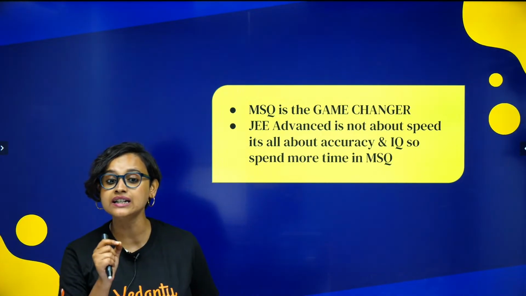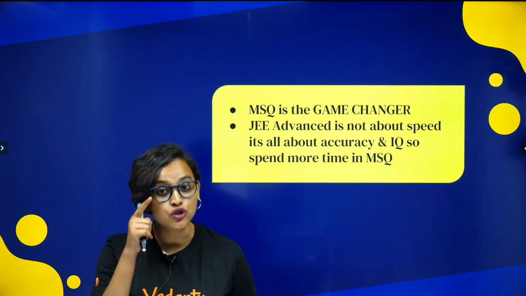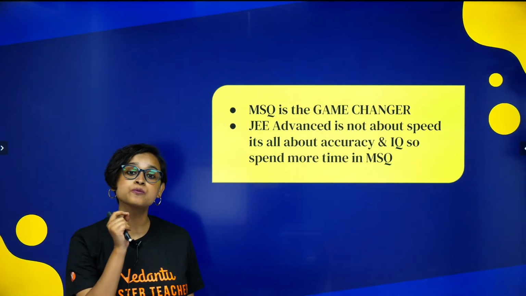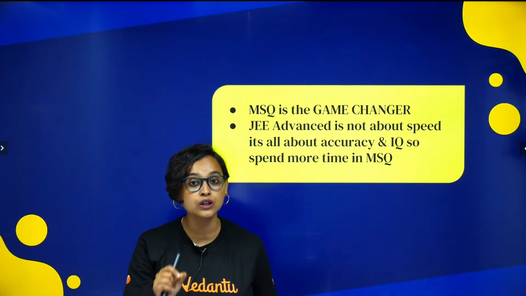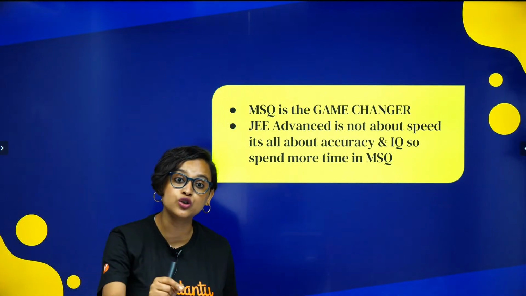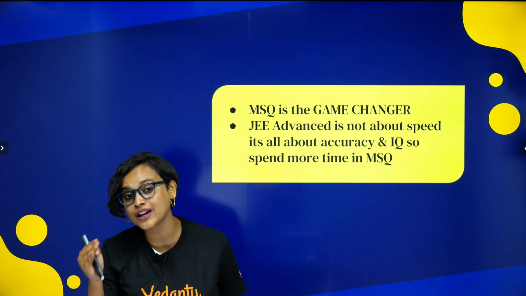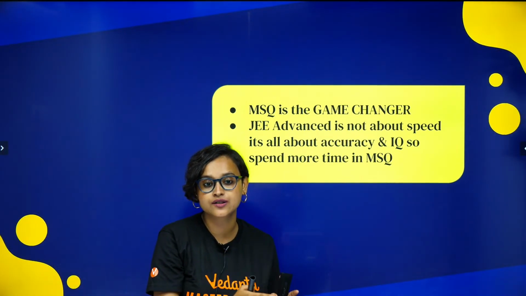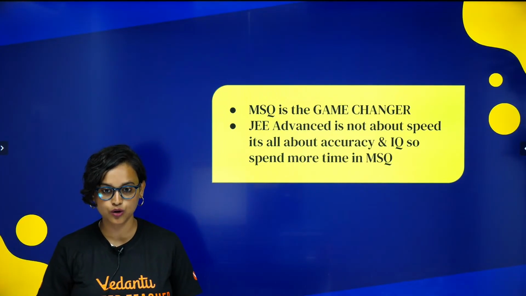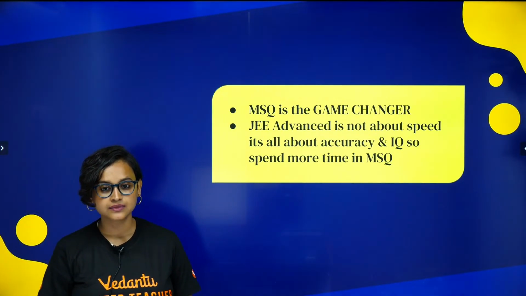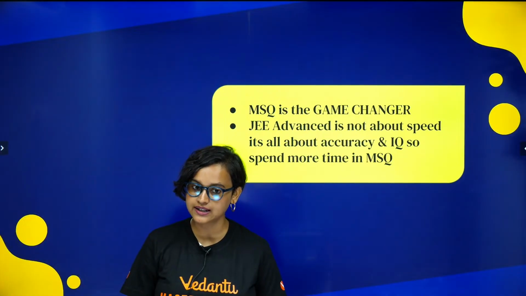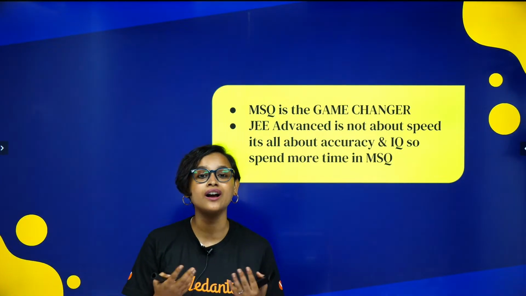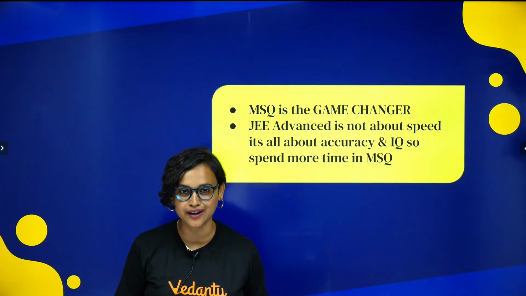What they are actually trying to gather from you is how accurate you are, how precise you are in your calculation, how accurately you know your facts, and how accurately you are able to apply your knowledge while solving the question. Are you understanding this? Here, what they are looking at is your IQ. How high is your IQ?